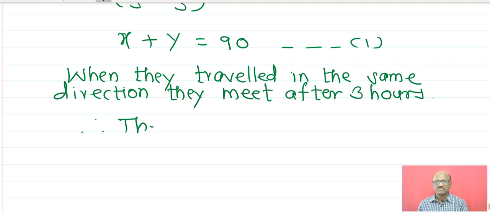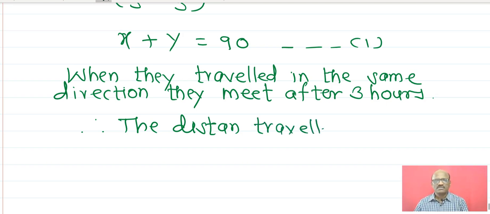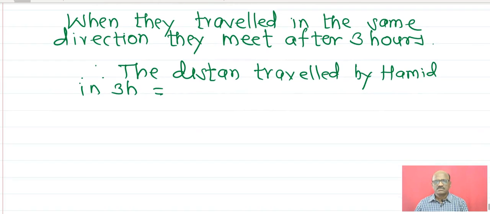Therefore, the distance traveled by Hamid in 3 hours is equal to x into 3, that is 3x kilometers.